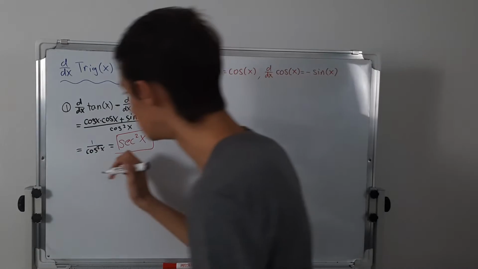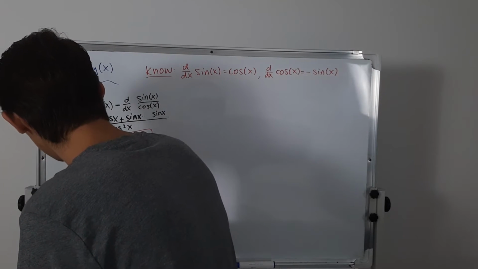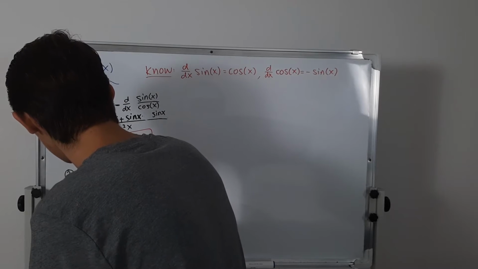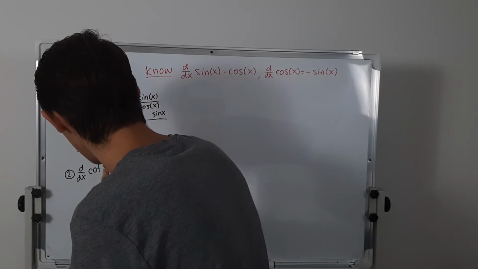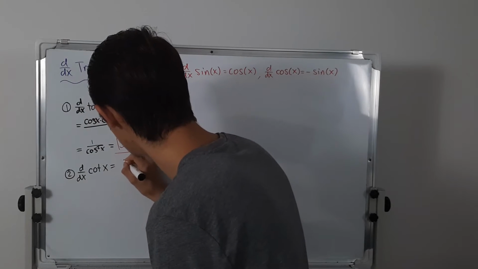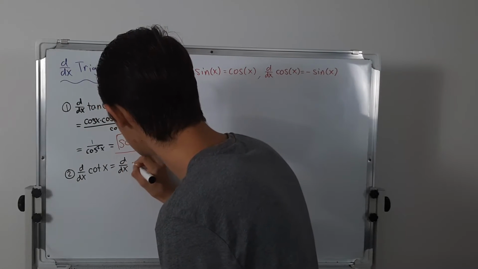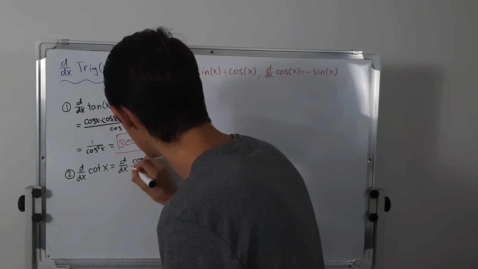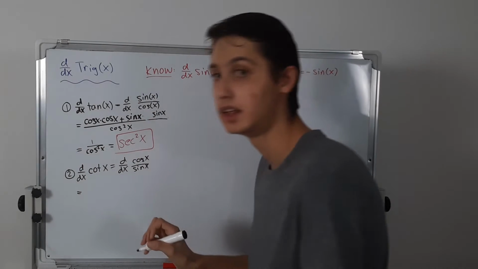So now the second one is the derivative of cotangent. So cotangent of x. Again, same type of thing. We're just going to do cosine over sine instead, and again we're going to be using the quotient rule.